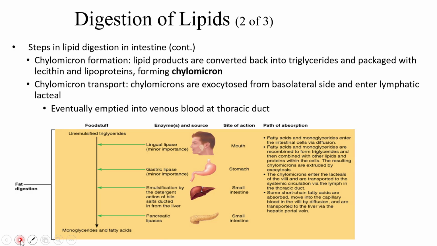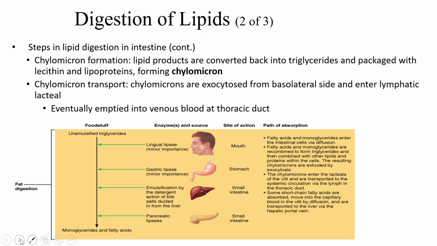So pretty much the chylomicron is formed after that, and lipid products are converted back into triglycerides and packaged with lecithin and lipoprotein. At this end, they are forming a unit called a chylomicron. Chylomicrons are now going to leave the cell by exocytosis from the basolateral side, and enter the lymphatic lacteals.